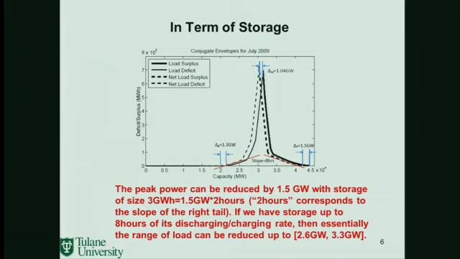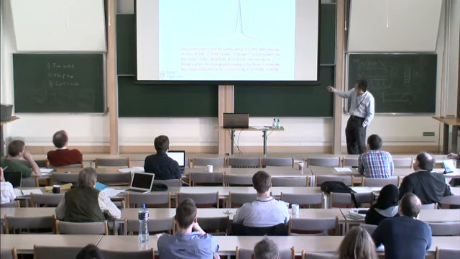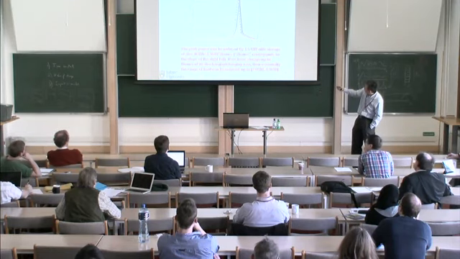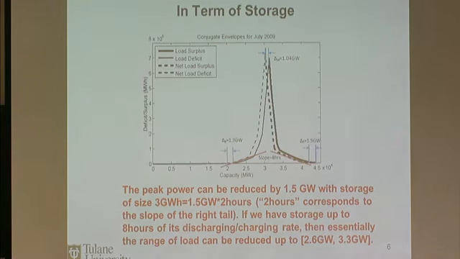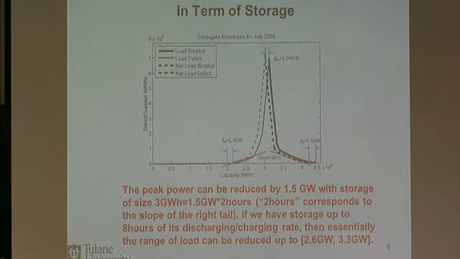What you can see is that wind shifted the whole spike to the left, which basically means we save some energy. Wind provides some energy. The right-hand side tells you it reduces the peak by a certain amount.